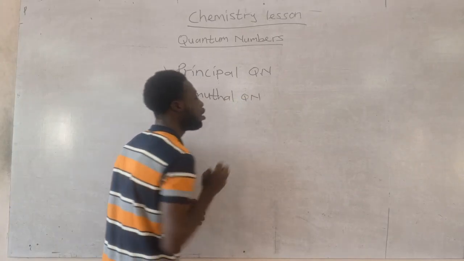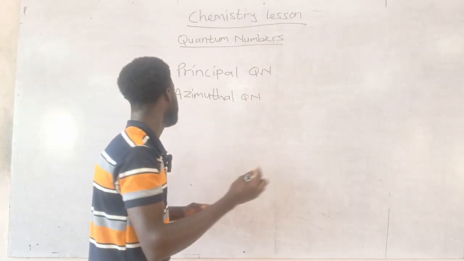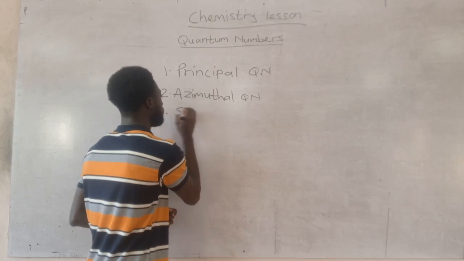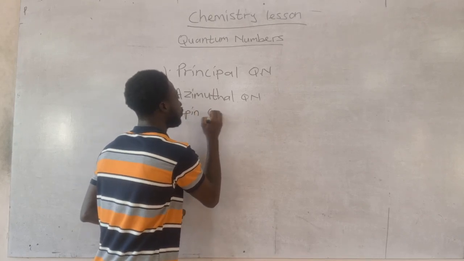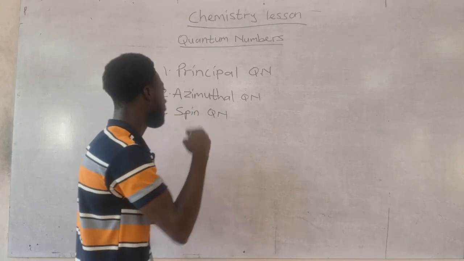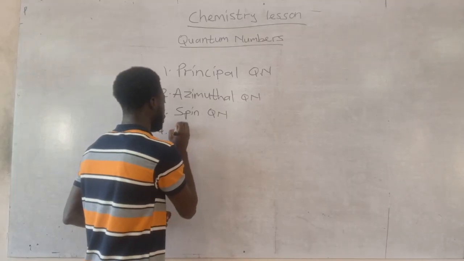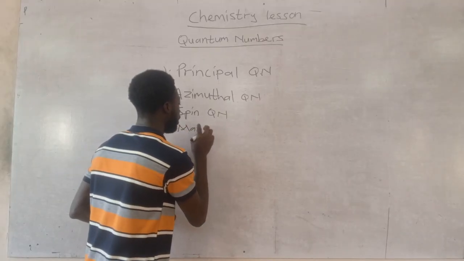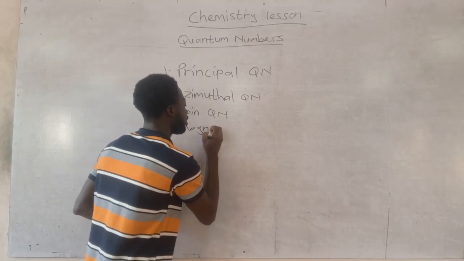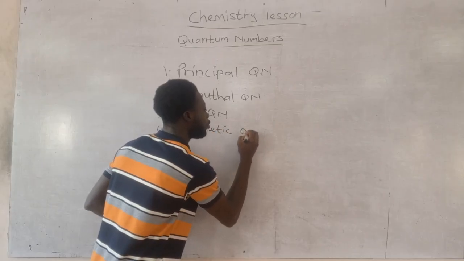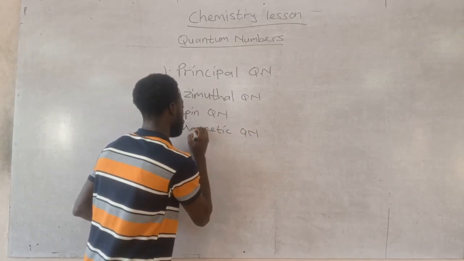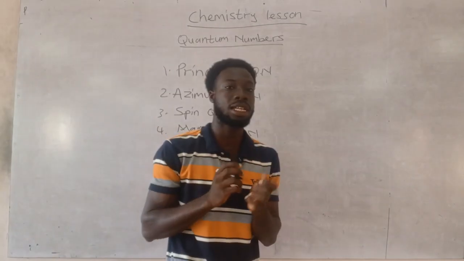And we have the spin quantum number, and you also have the magnetic quantum number. So we are going to take them one after the other.